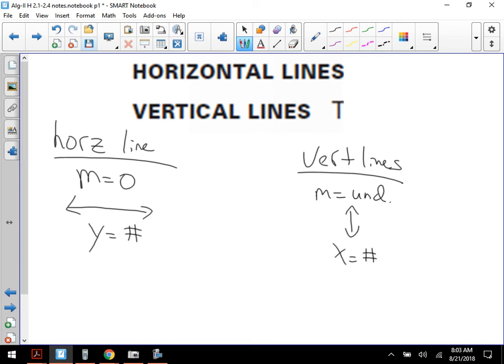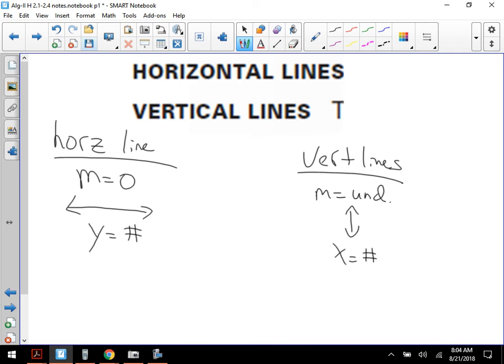Now, getting into a little bit more of that then, what kind of lines are always parallel to horizontal lines? Horizontal lines. What kind of lines are always parallel to vertical lines? Vertical lines. What kind of lines are perpendicular to horizontal lines? And what kind of lines are perpendicular to vertical lines? Horizontal lines.